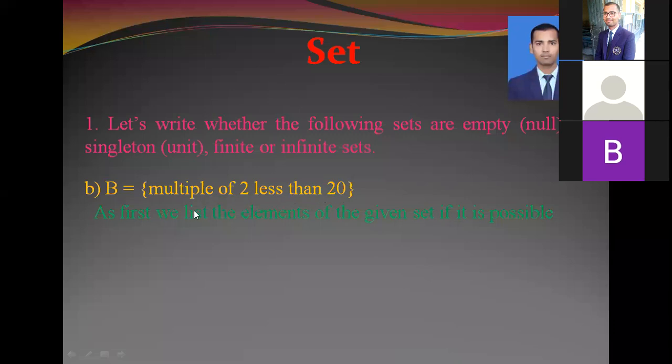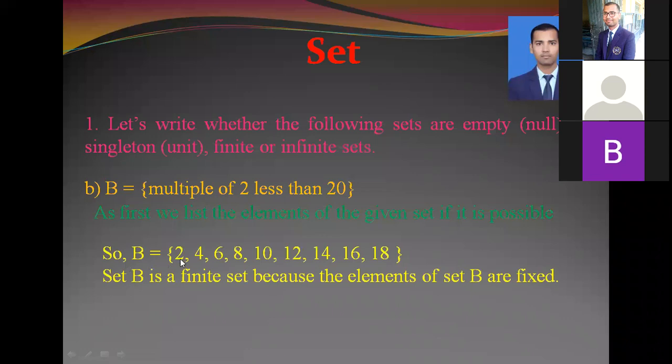That's why first we list the elements as far as possible. So while listing the elements, we have B is equal to 2, 4, 6, 8, 10, 12, 14, 16, and 18.